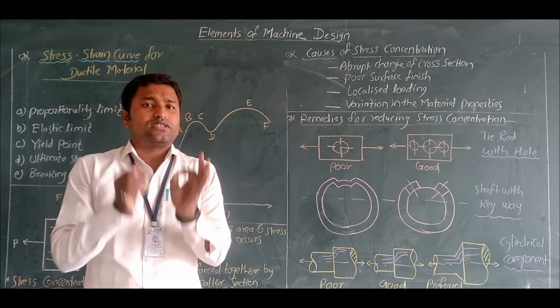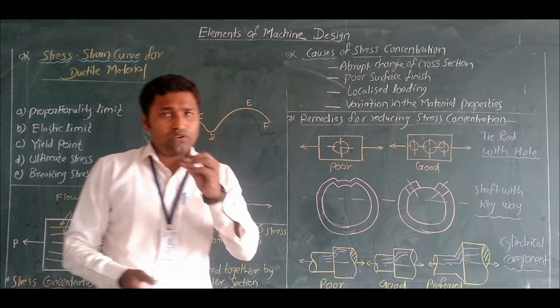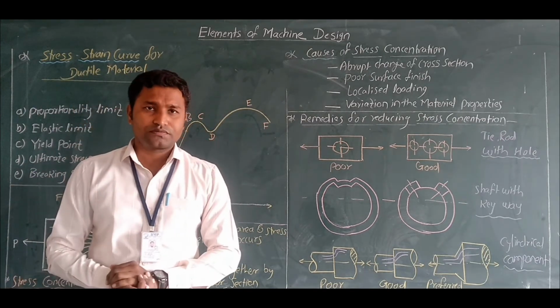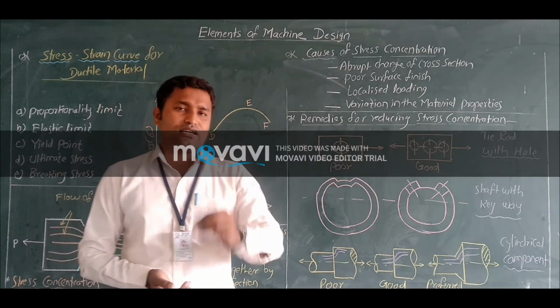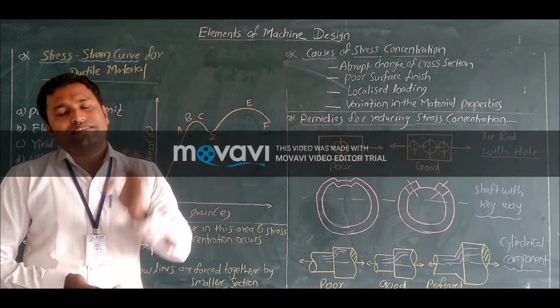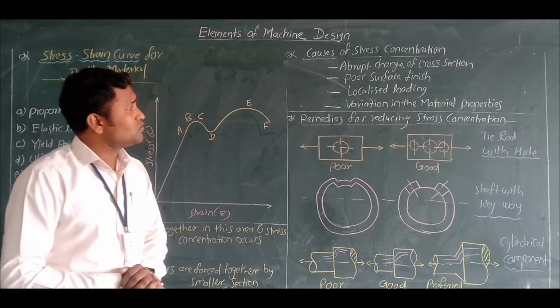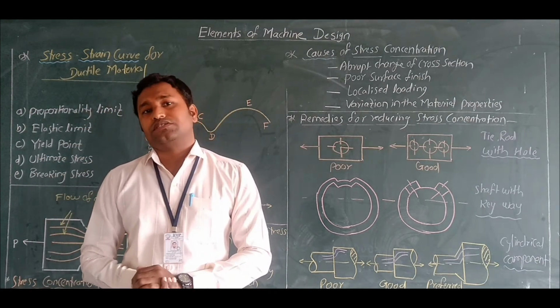The load acting on any section should be uniform. If some load acting at a corner is more, obviously that section will be stress concentrated. Then finally, the variation in the material properties.